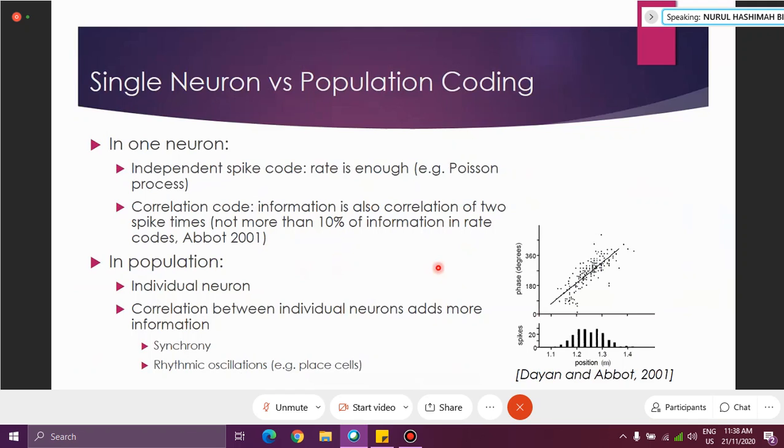So you can have correlation of two spikes; at least two spikes will give you information already. In a population, the individual neurons and the correlation between individual neurons add more information. These individual neurons can work either in synchrony or in rhythmic oscillation.